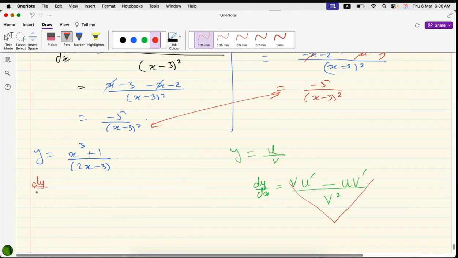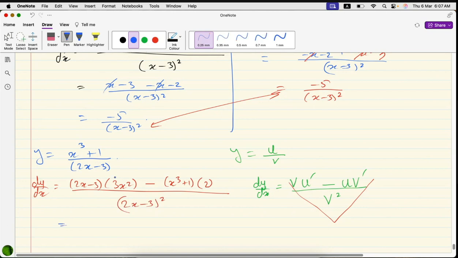So dy by dx is V into differentiation of U, that is 3x squared, minus U into differentiation of V, that is 2, over V squared.